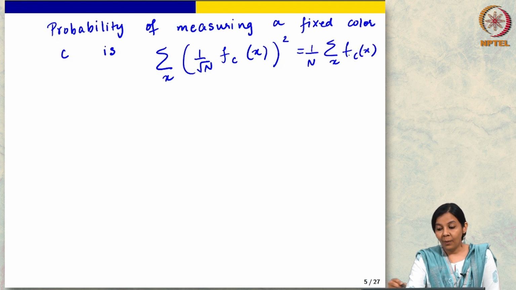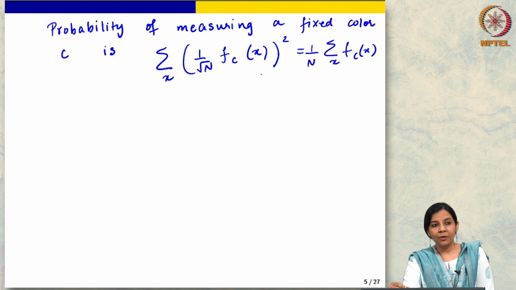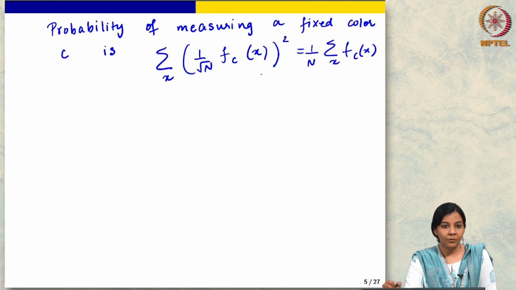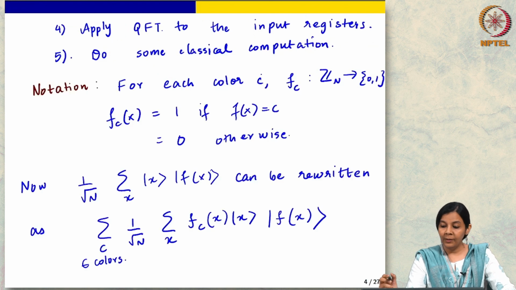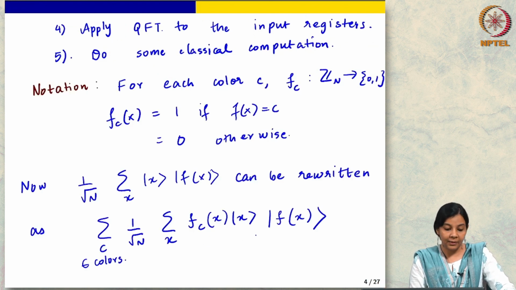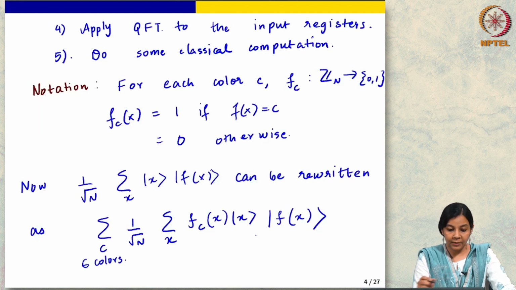So, why can I get rid of the square? Because this is a 0-1 function. Okay. So, the square and the function are the same. So, is it fine? This is the probability of measuring a fixed color just using the equation that we got, right. So, we are just highlighting this part.